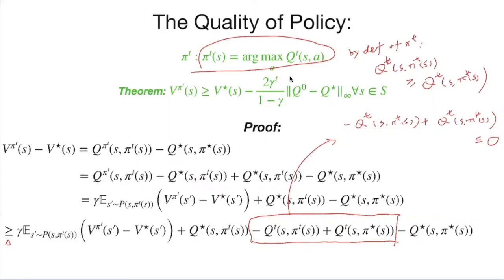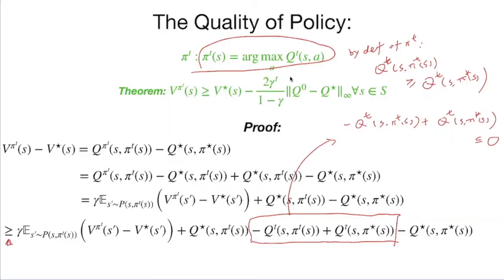So that must be bigger than the value of Qt measured at another action that is computed from pi star. This is just by definition of pi t, which always looks for the action that achieves the maximum with respect to Qt. So that's the inequality that I'm using, and that's why I get the inequality in this very long expression.